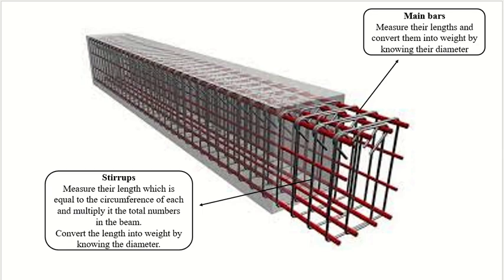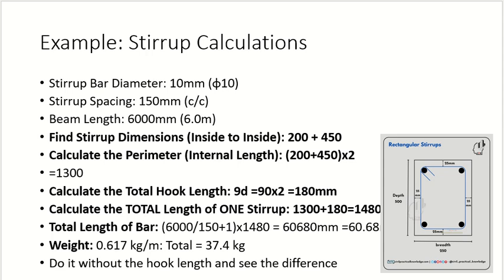And then we did the calculations for the stirrups as well, and in these calculations we saw that if you miss a small part of the stirrup, it can have a huge impact on your cost. So when you are making these calculations, you need to be very, very accurate.